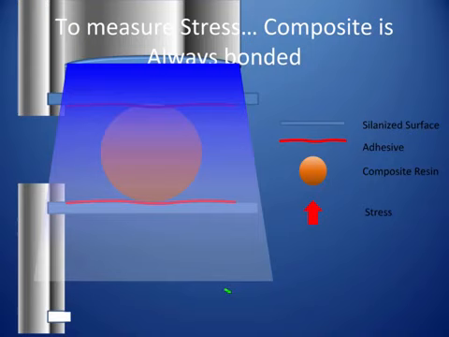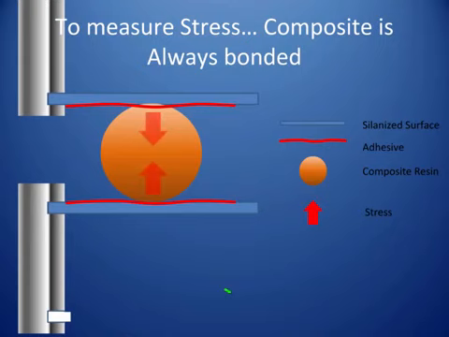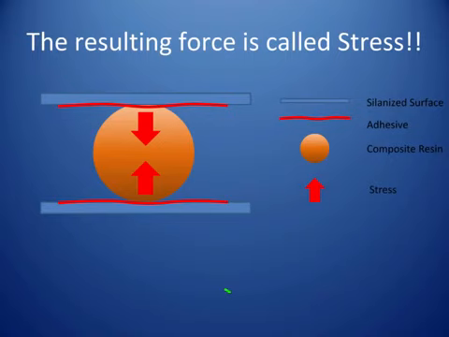That will put some force on our tensometer, and we'll get a resulting measurement of stress. This is a considerably more relevant number than volumetric shrinkage, and materials of equal volumetric shrinkage can impart significantly different stresses to the tooth. That is an important thing we have to consider, especially when we look at unexplained postoperative sensitivity, where everything appeared to go well.